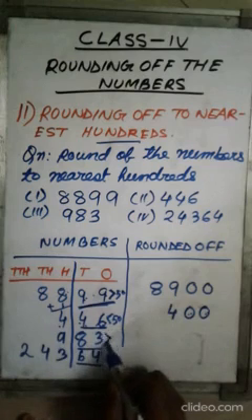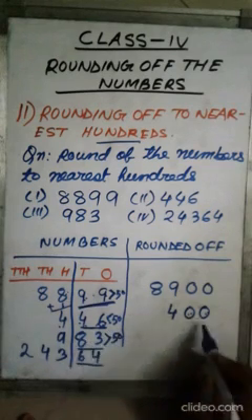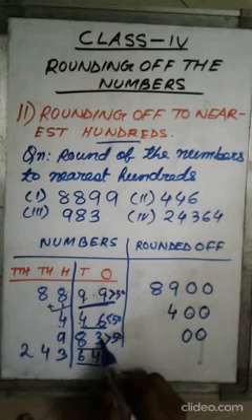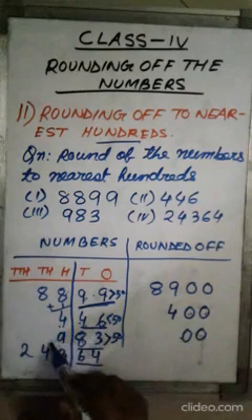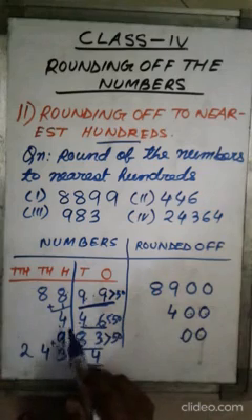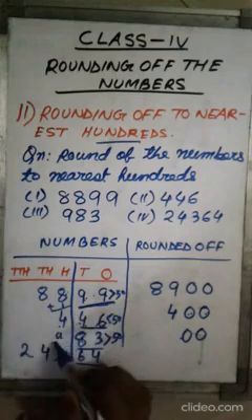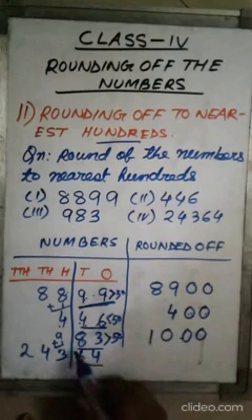Here you can see it is greater than 50, so when I write 00 for the tens and ones places, 9 will be added to 1, so it is 10.